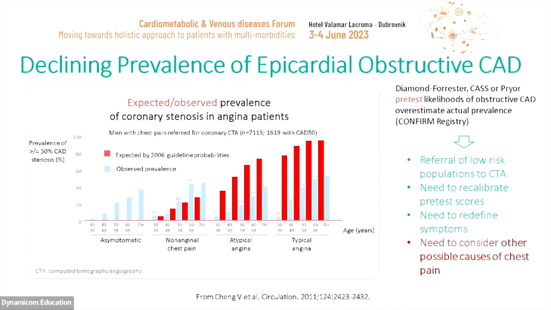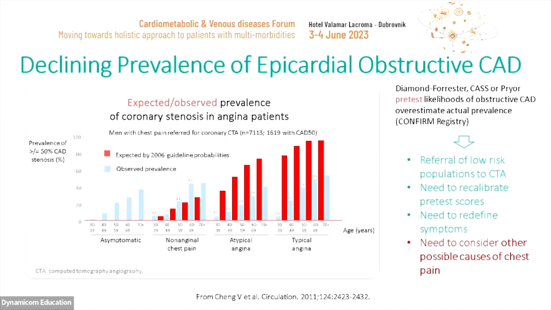They were designed to predict obstructive epicardial disease. But here you see, even in those that had typical symptoms, the expected diagnosis of obstructive disease was much higher than the observed in gray. So there was something missing.